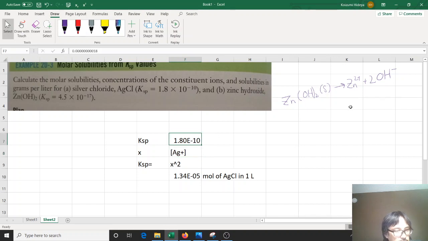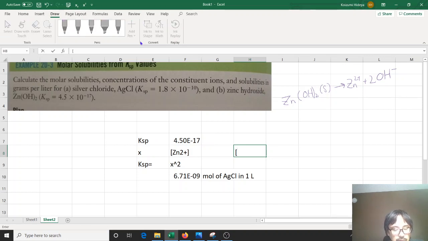Let me write out the Ksp before I forget, e to the negative 17, right? Then I put X to be the zinc 2 plus concentration. And the OH concentration is actually 2x, right?